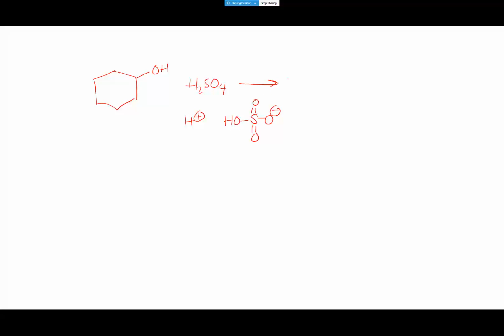So the resonance structures give it stability, and whenever we have an acid-base equilibrium where I'm forming a very stable conjugate base, what happens to that molecule's basicity? If this is very stable, that means that this is a weak to non-base.